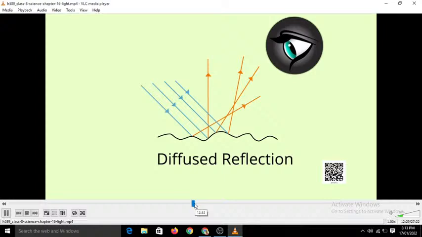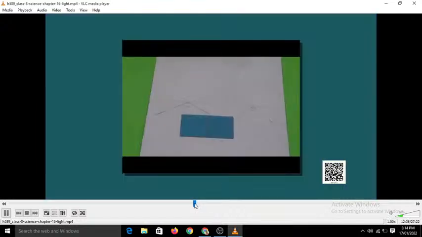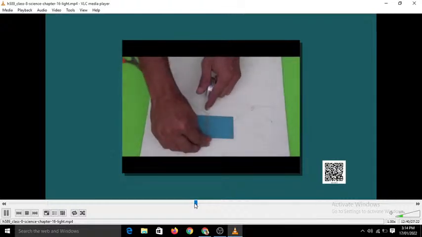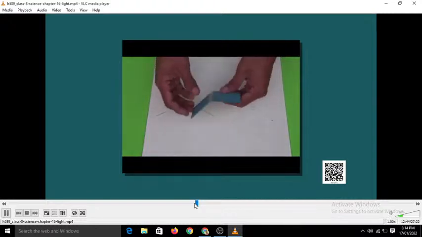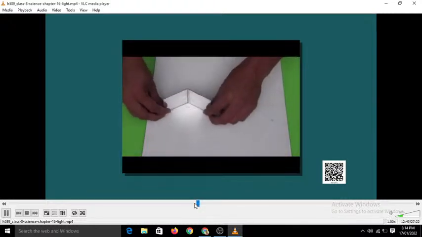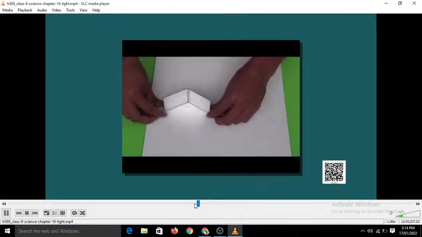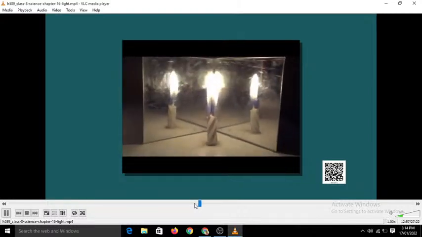Now let's learn about multiple images. Take two plain mirrors, hinge them with the help of adhesive tape so that they can move easily at different angles. Now set them at an angle as shown. Place any object like a candle, ball or a coin between the mirrors.